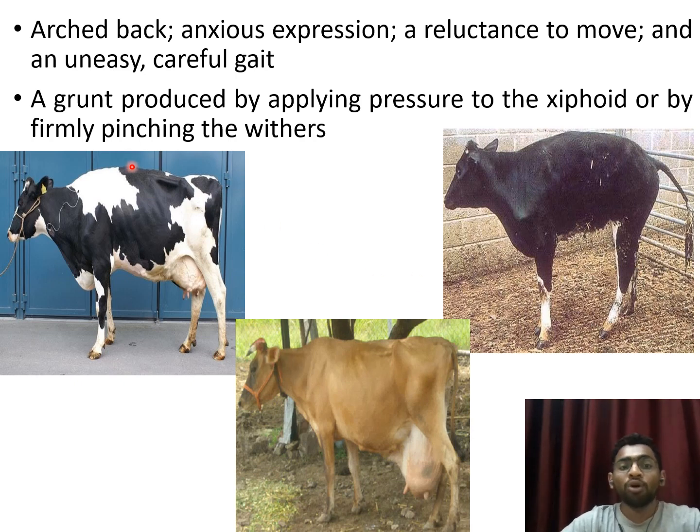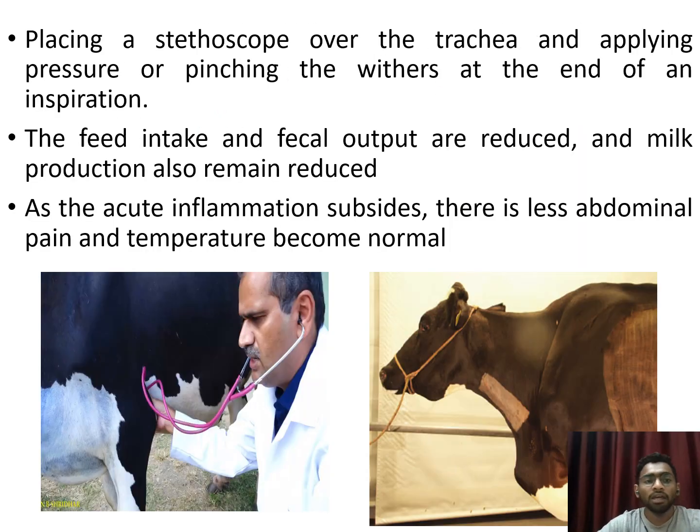So that is also a clinical finding of TRP. The normal cow will bend downwards, but the TRP affected cow is not able to, and it starts kicking or moving to this side and that side. So it shows uncomfortable symptoms: the arched back, anxious expression, uneasiness, and it is very slow in its movement. Okay, further we can find by placing the stethoscope over the trachea.